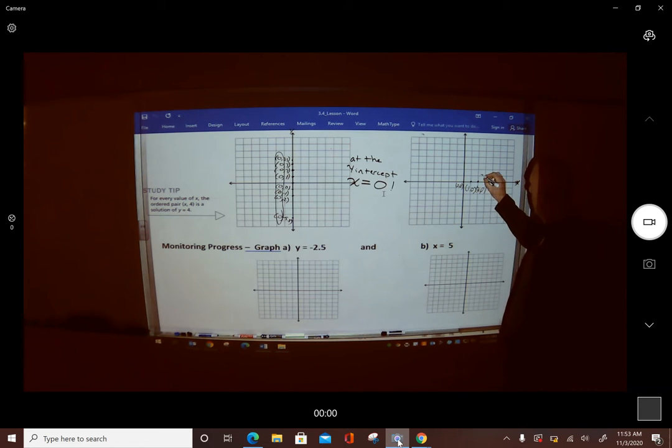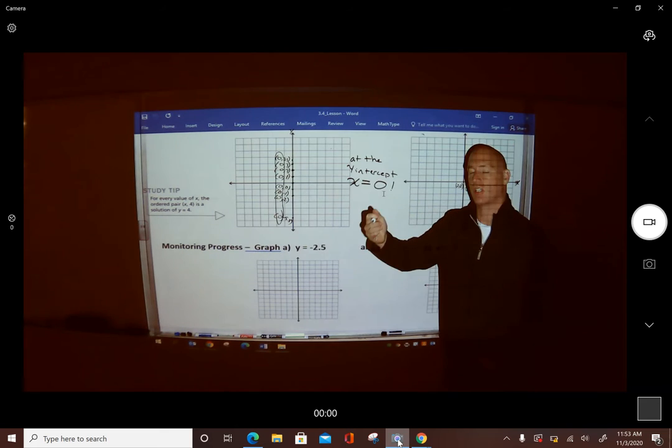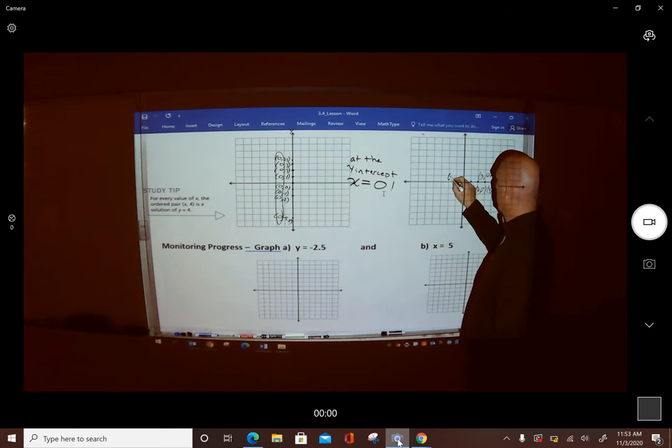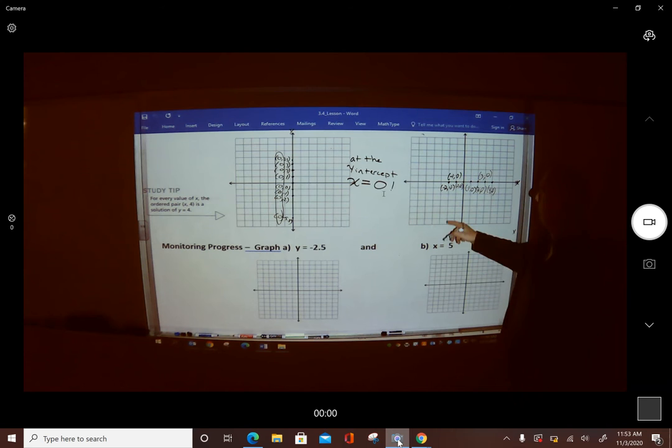This point would be 3, 0. This point, 4, 0. I hope I'm getting annoying because I hope a pattern is starting to emerge. Here, negative 1, 0. Here, negative 2, 0. So hopefully we're noticing something. No matter where I'm at on the x-axis, y equals 0.